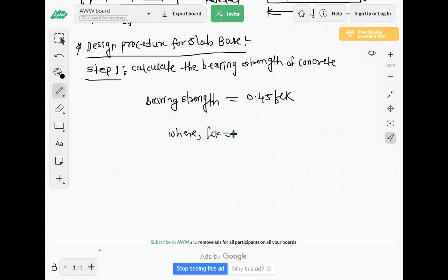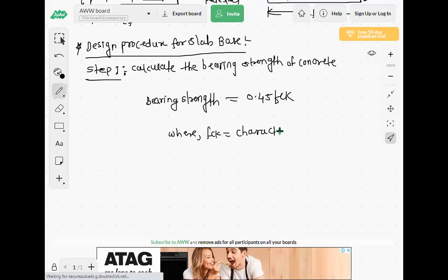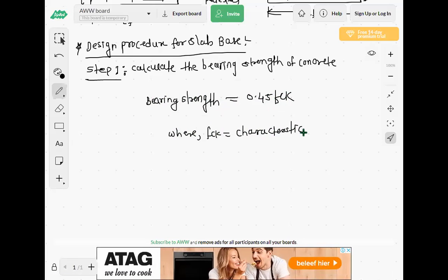Where FCK is the characteristic strength of concrete. How to calculate the characteristic strength of concrete? It depends on the grade of concrete.